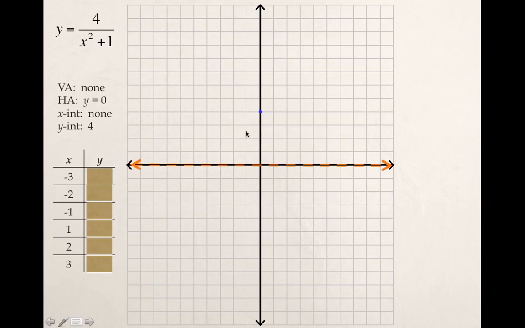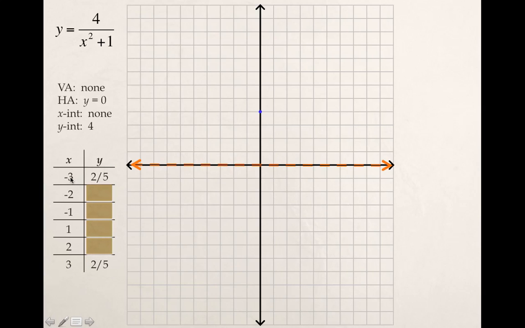And because I don't really have a lot of information to go by here, I'm going to choose several values for x to make sure I really get a good picture of what's going on. And you'll find that because of the fact that our denominator has x squared in it, using opposite values will actually end up giving us the same answers.